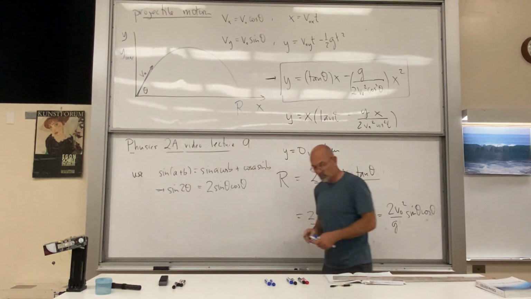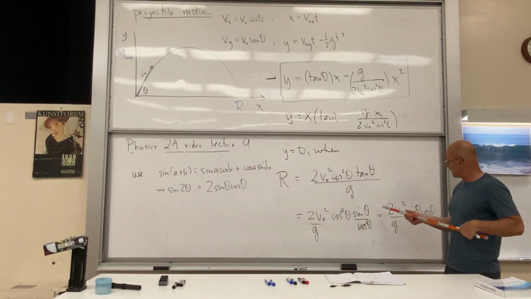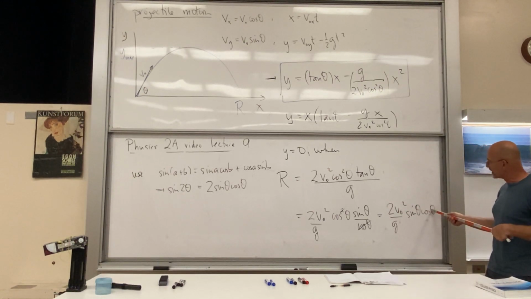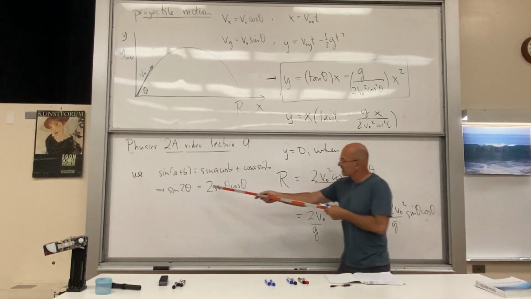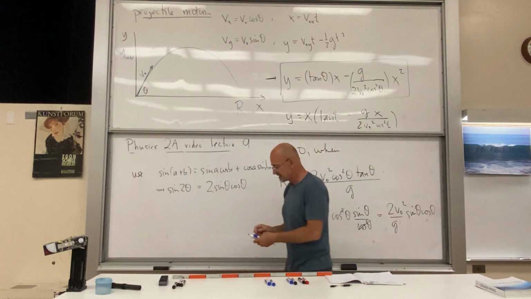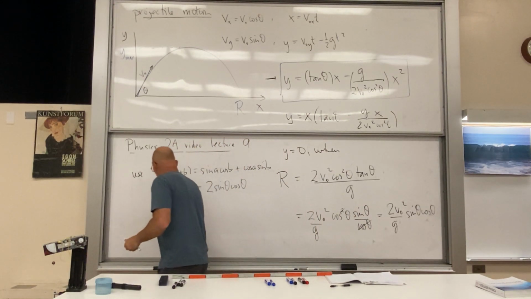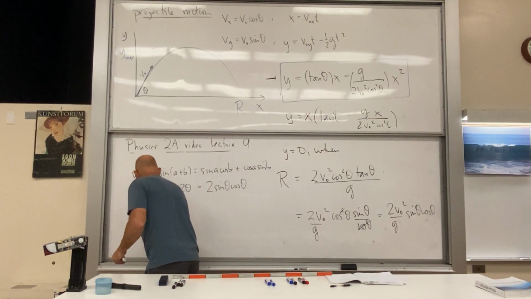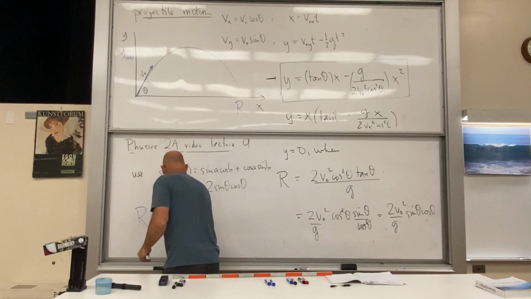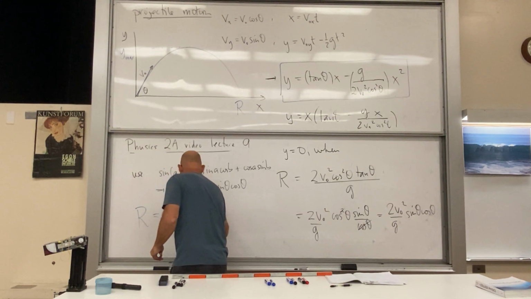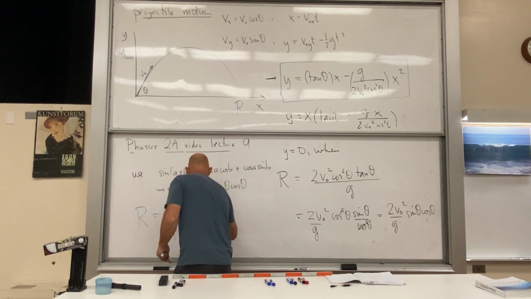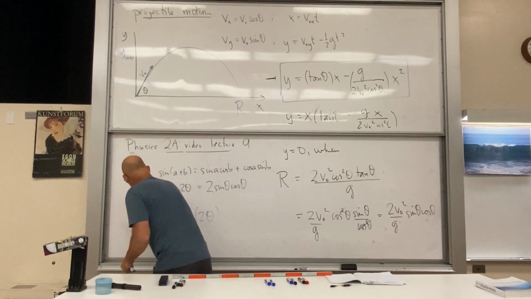So we're going to replace the 2 sine theta cos theta by the sine of 2 theta. We get a nice formula for the range. R is equal to v0 squared over g sine of 2 theta.